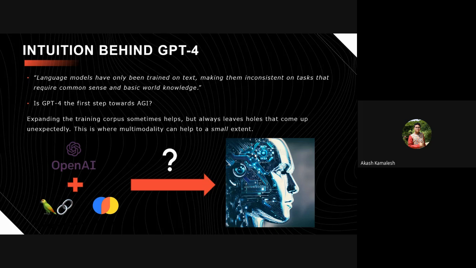So is GPT-4 the first step towards AGI? That is something people have been discussing heavily. AGI and ANI are two terms which stand for artificial general intelligence and artificial narrow intelligence. Right now, what we are doing is all ANI, where we are solving specific parts with a model.